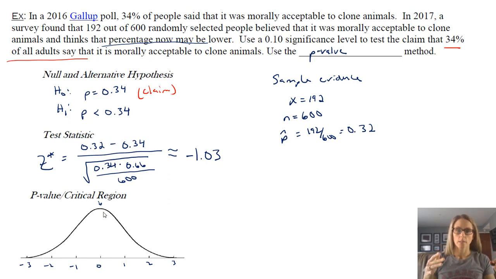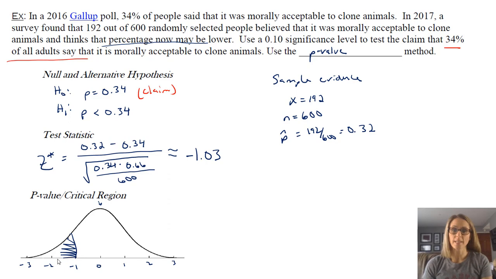It's not saying you couldn't take different samples of the population and get slightly differing values than 0.34, even if 0.34 is true. And so you're trying to say, where is 0.32 in comparison to this, based on the idea that 600 people were surveyed.